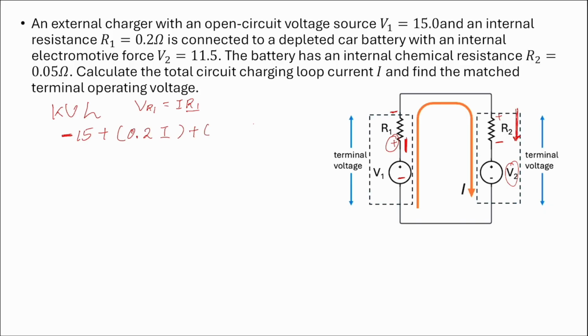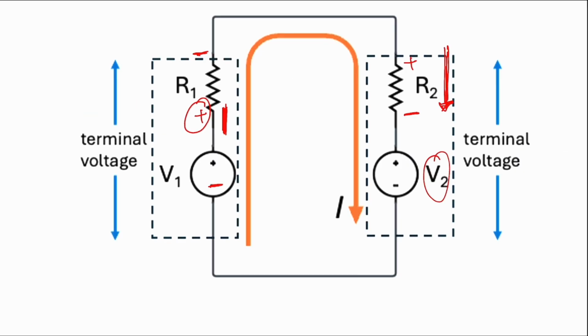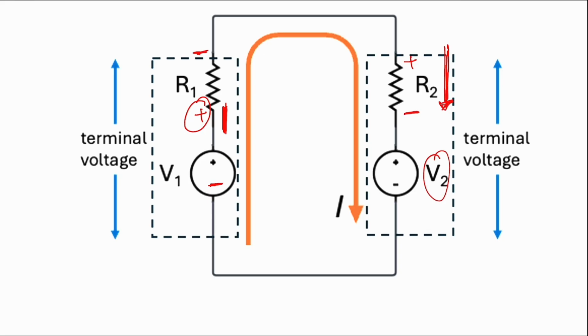The voltage across R2 we don't know, but we can write in terms of the resistance, which is 0.05 multiply I. The loop which we set up to analyze this circuit enters V2 from the positive side.